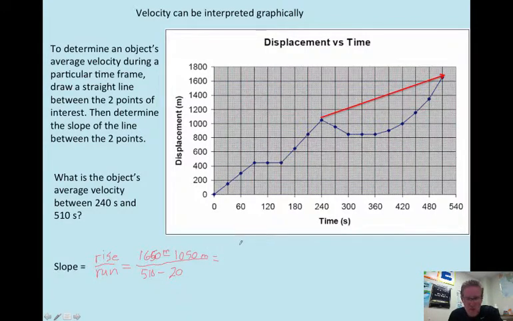The difference between 1650 and 1050 is 600, and the difference between 510 and 240 is going to be 270, and that comes to 2.2 repeating meters per second. And so this would be the average velocity.